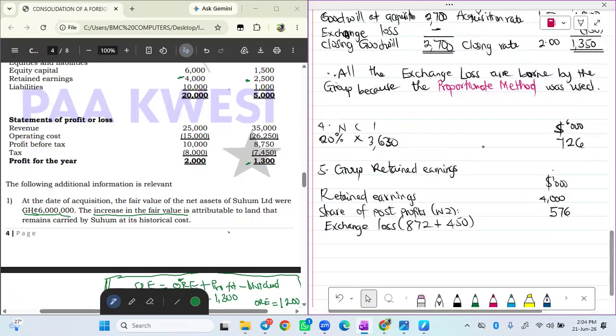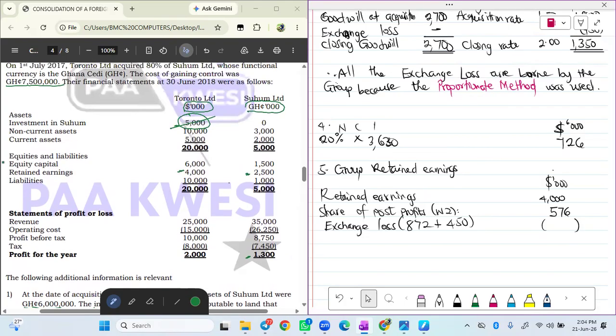All right. So one thing is that if you have other components of equity as a separate line item, let's say as part of equity, we had what? OCE, other component of equity. That will be where you treat this exchange loss. But because we don't have other components of equity, and I don't want you to treat it in translation reserve, please include it in working 5.